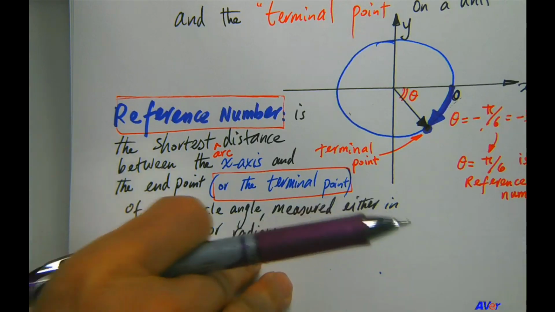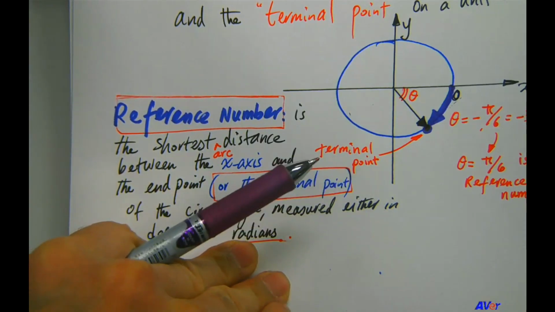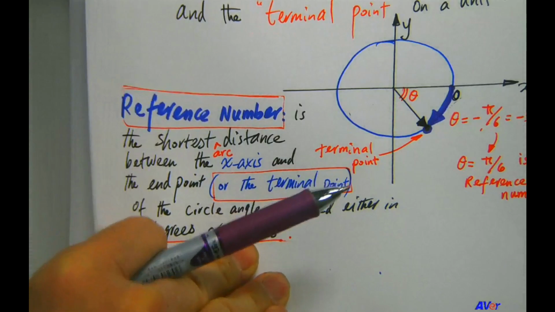So there are a few very useful special reference angles that we'll be using throughout this course. Let's just list them. And if you can, eventually you'll have to memorize these. And if you do, they help you tremendously in solving problems.